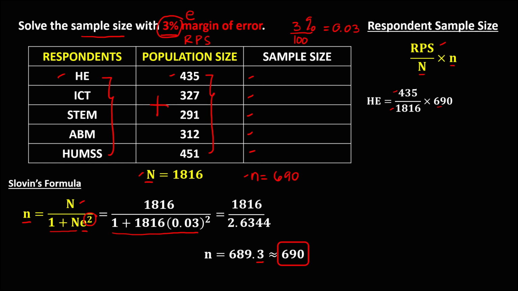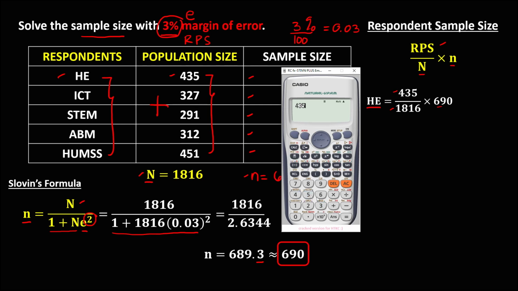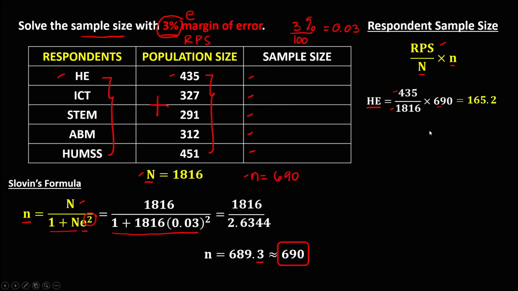So to find out the sample size for this respondent, we have 435, then divide by 1816, then times this 690 equals, so that's 165.2, or the sample size for this respondent is 165.